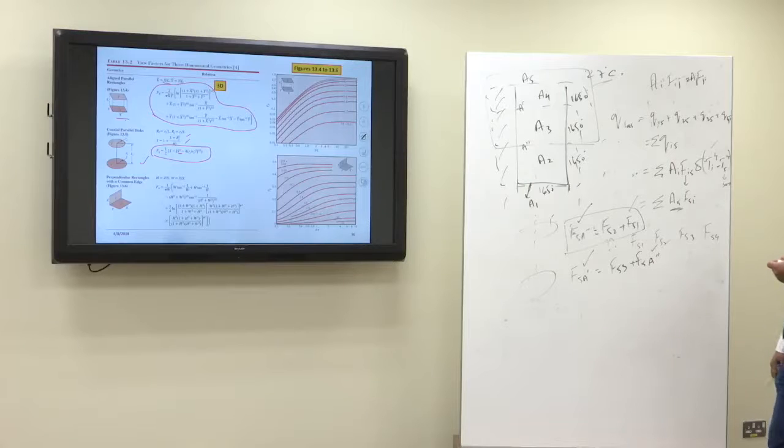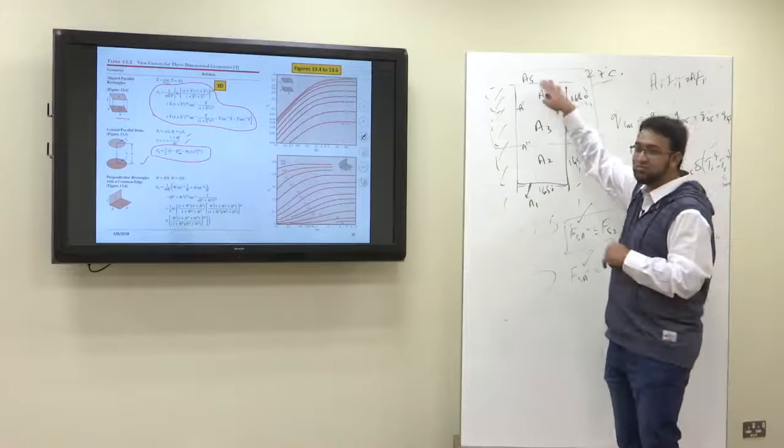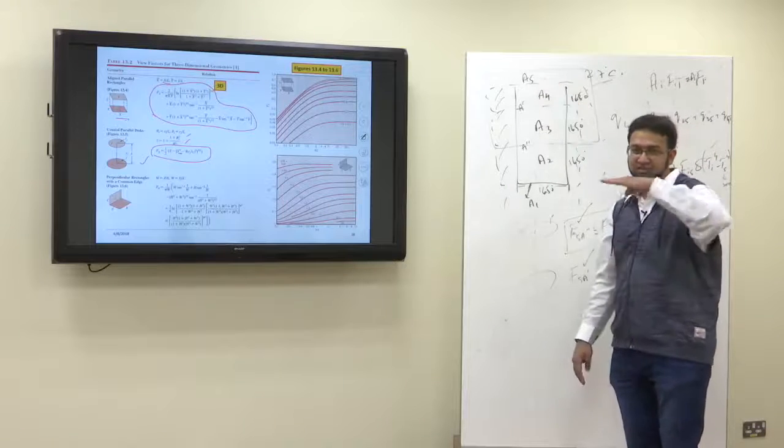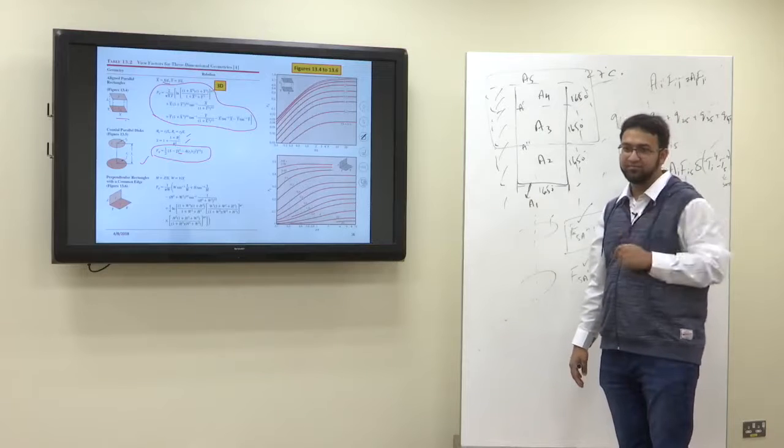And now if you know what is F5-3, for F5-4 you don't need to apply this law again, because now you can use the enclosure law. F5-1 plus F5-2 plus F5-3 plus F5-4 plus F5-5 is equal to 1. F5-5 is 0, because it is the same plane, a straight plane.